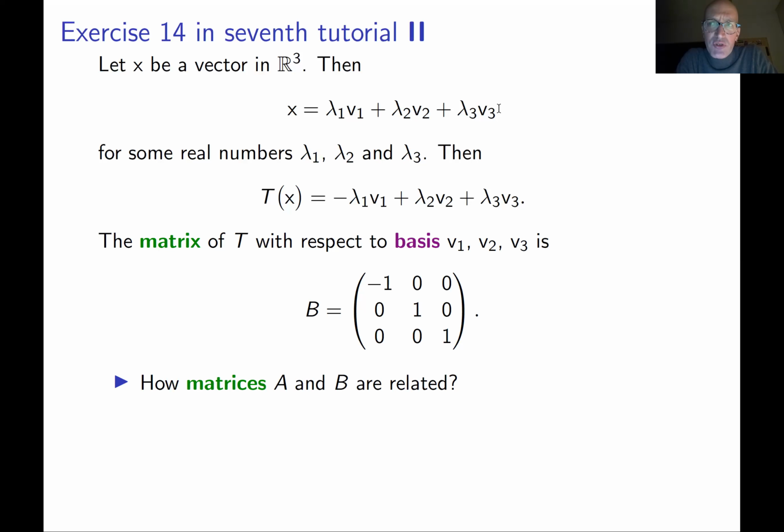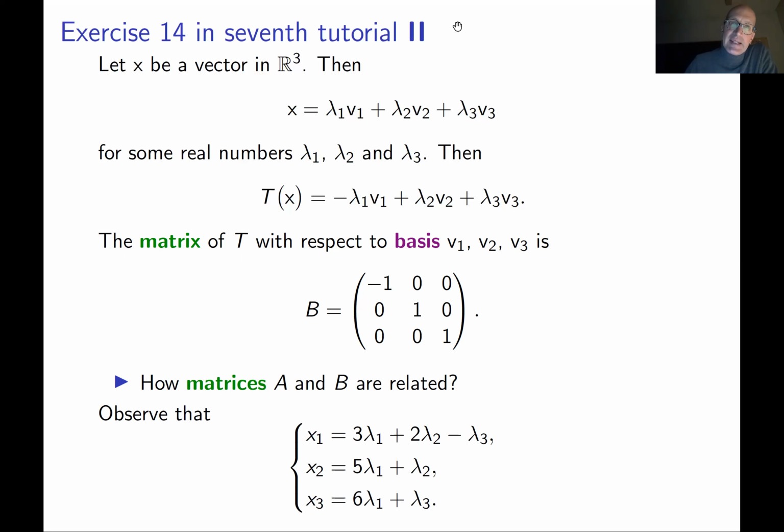Of course, it's a natural question to ask how the matrices A and B are related. A is the standard matrix of your linear operator. B is the matrix of your linear operator with respect to the basis I chose on the previous slide. To answer this question, we can do the following.